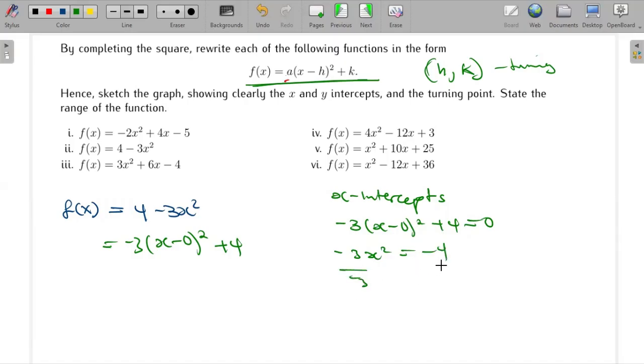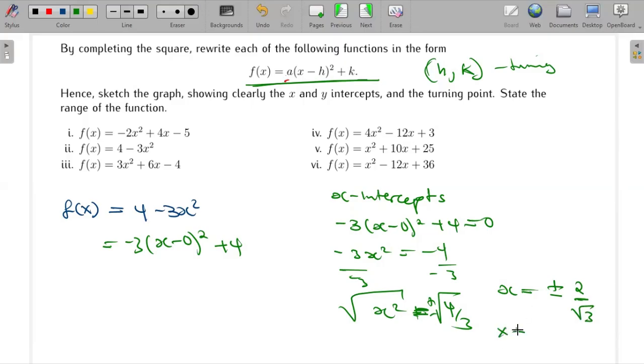Then divide by negative 3, divide by negative 3. You have that x squared is equal to 4 over 3. Get the square root, plus minus. You have x is equal to plus minus. On top you get 2, and there you get the square root of 3.